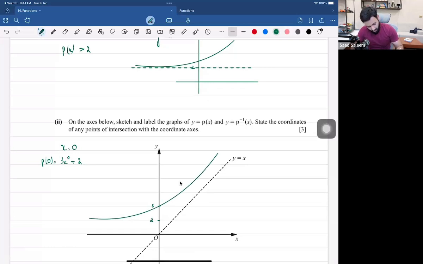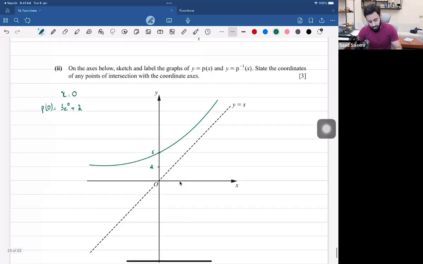Remember, it's a sketch, so don't waste your time trying to get everything exactly right. You just have to make sure that you get the coordinate axes right. Now, the graph of the inverse has to look like a reflection of this graph along this line. So if that graph had an asymptote at y equals 2, the inverse graph will have an asymptote at x equals 2.